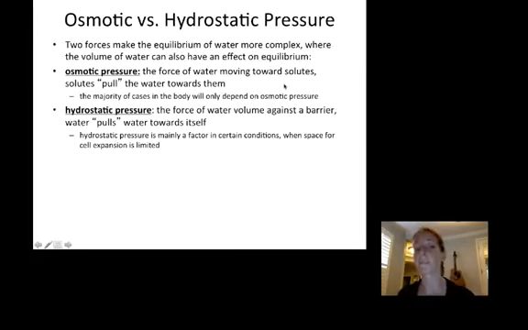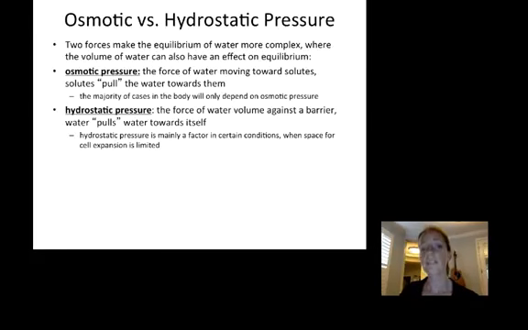In some cases, we also have to think about hydrostatic pressure, and that is when the fluid or the amount of water is high enough that the force of the water against the cell becomes a condition. In this case, hydrostatic pressure is when water is being pushed due to fluid pressure.